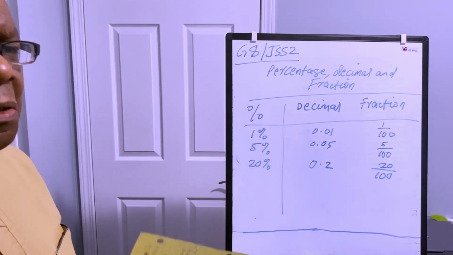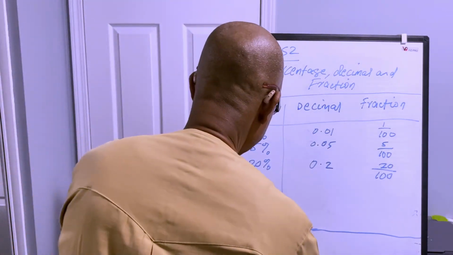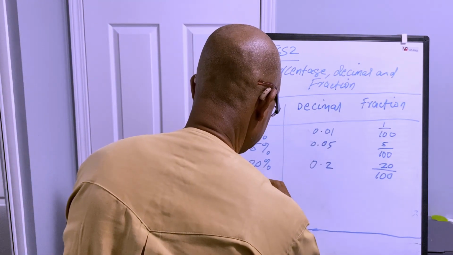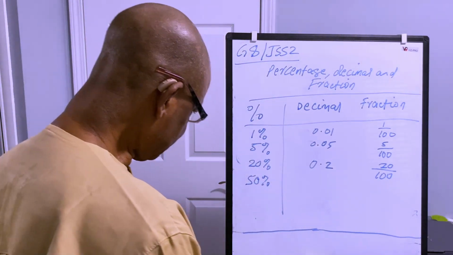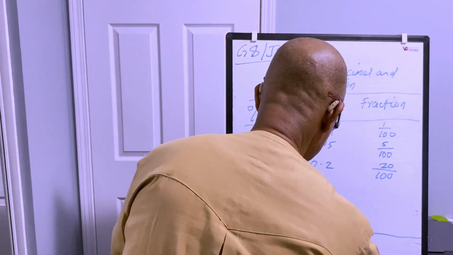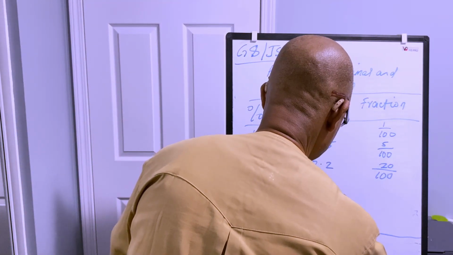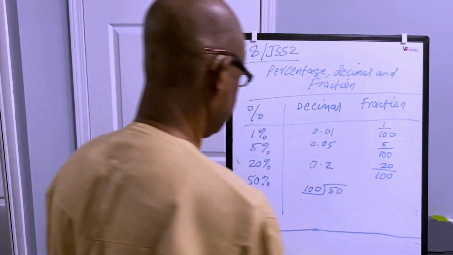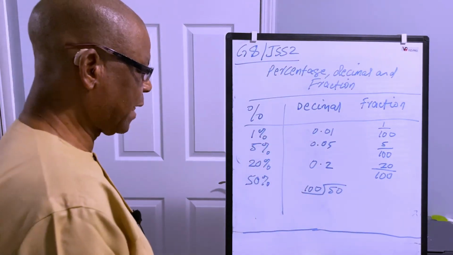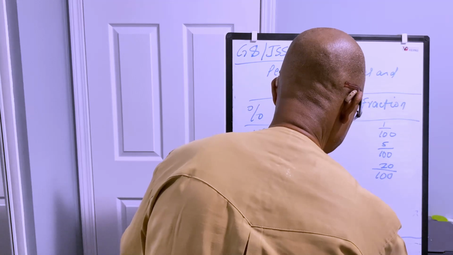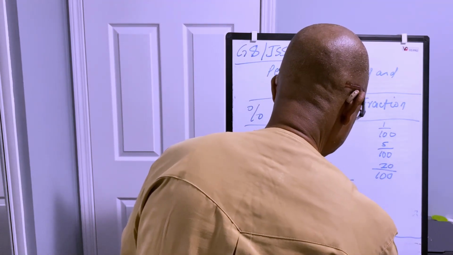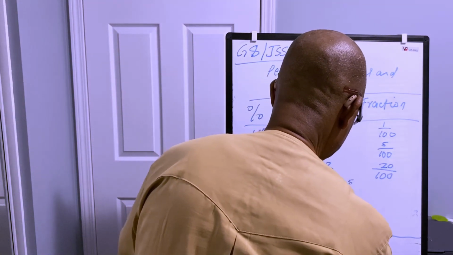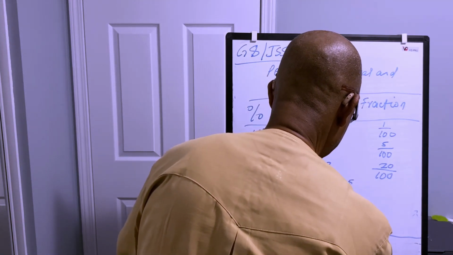We can go on and on. 50% is 50 divided by 100. 50 divided by 100, it cannot. We put a 0 point, add 0 here. 500 divided by 100 is 5. 5 times 0 is 0, 5 times 0 is 0, 5 times 1 is 5.